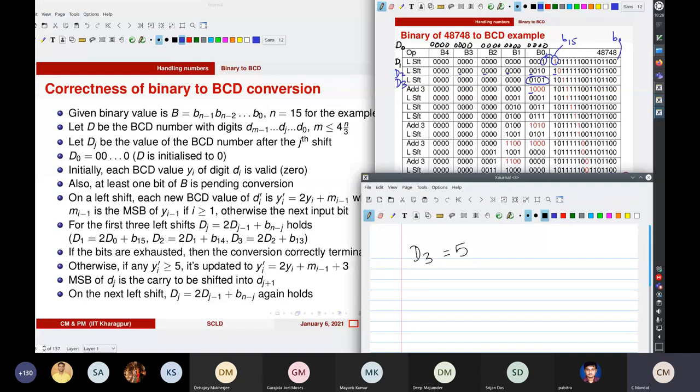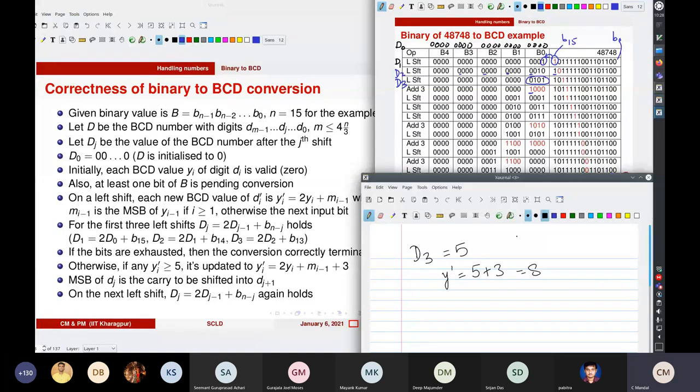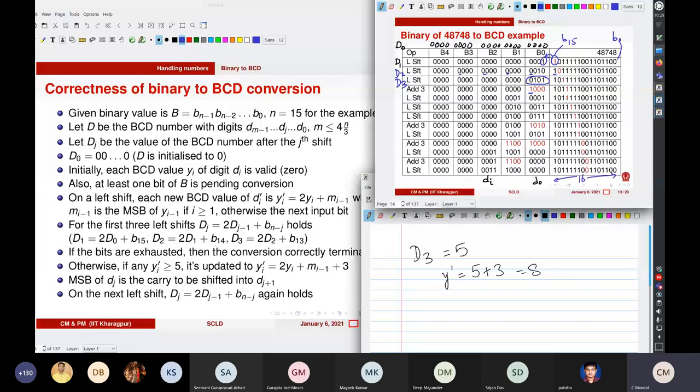So y dash is equal to 5 plus 3, which is 8. Then you are shifting in. When you shift it, you are also adding 1.